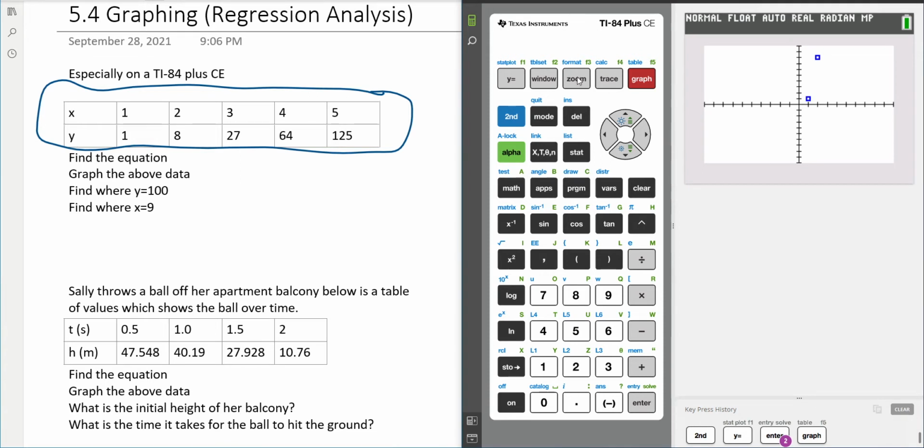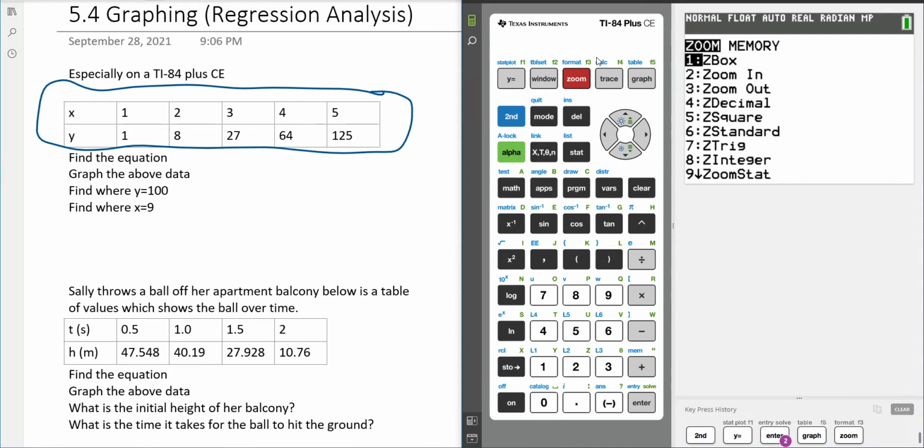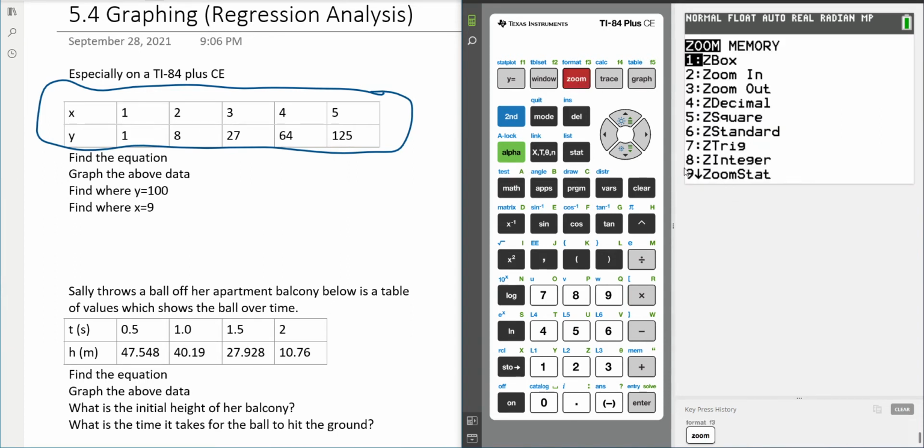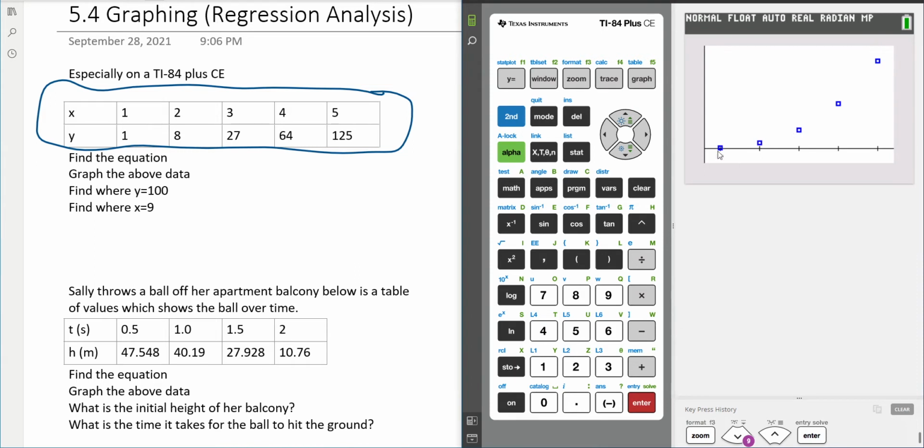Well, one thing you can always do, if you don't see what you want to see on your graph and it's using stat, is go zoom 9, and it should show you your graph. Zoom 9 is zoom stat, the zoom statistic is what it's looking for. So all of your stat plot that you've done is now up. Okay, so those are our 5 points.